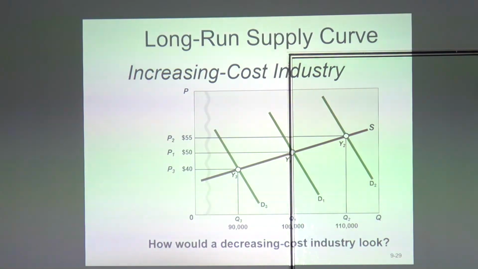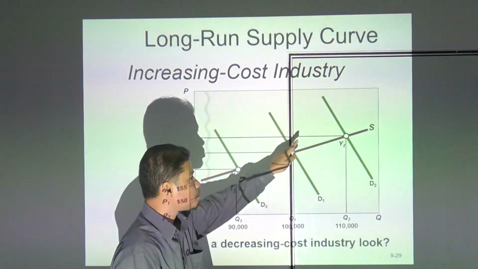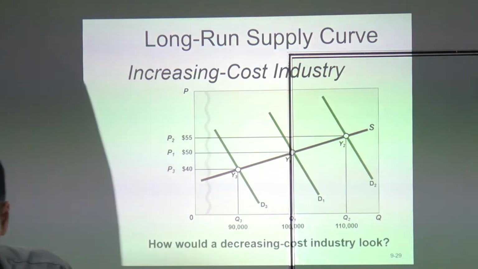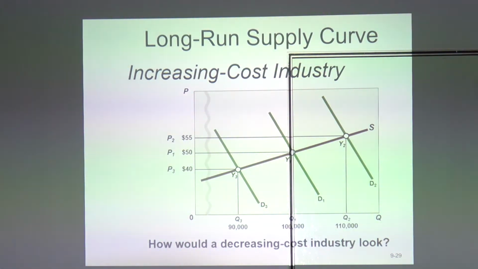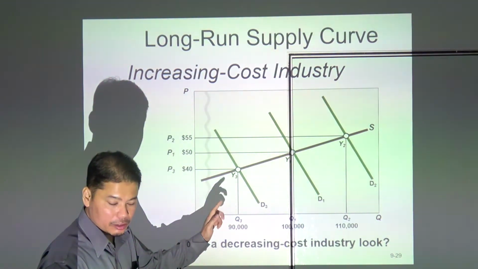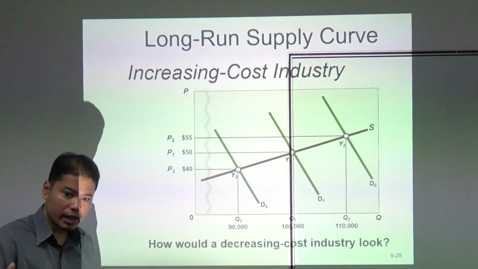However, for an increasing cost industry, you will have the long run supply curve being upward sloping. This will be the situation in most industries. Whenever there is a temporary increase in demand for the product, you have a higher market price of the product, then new firms will enter.